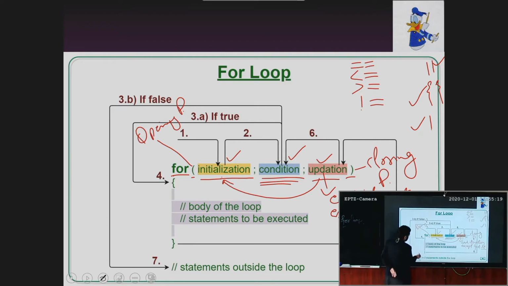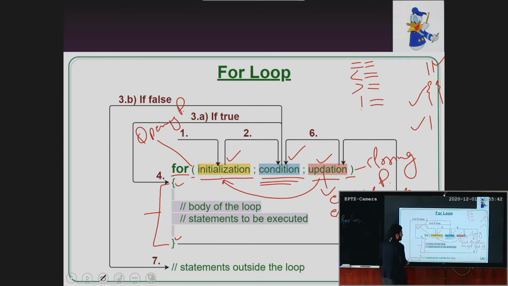Okay. So we introduce the body of the for loop by introducing the curly braces, and we have already discussed that if somebody wants to introduce only a single line in the body of the for loop, then there is no need to introduce the curly braces.